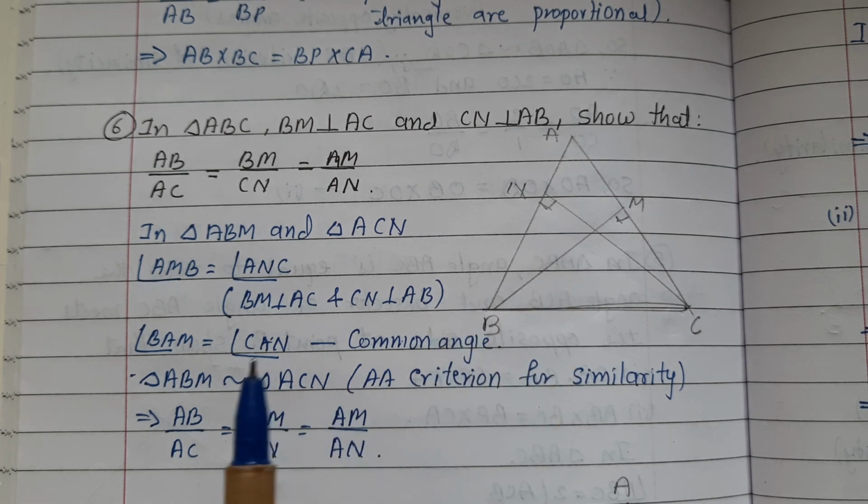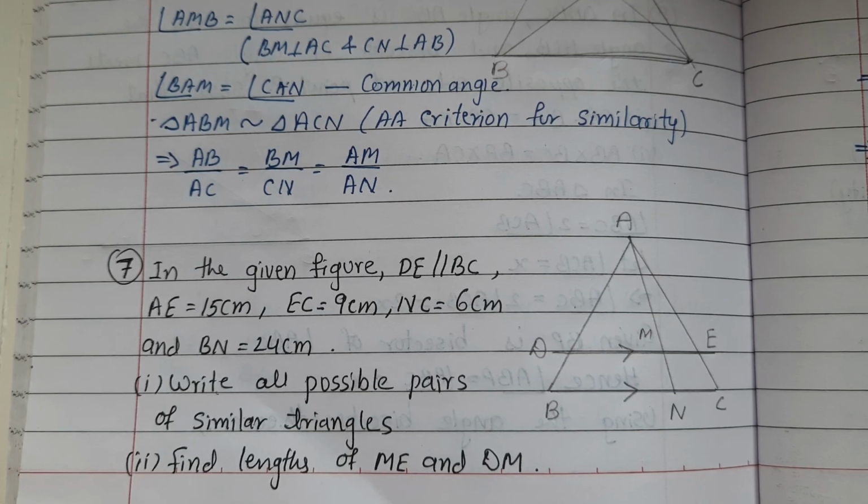Therefore, triangle ABM is similar to triangle ACN by AA criterion of similarity. Triangles are similar, sides are proportional. Therefore, AB upon AC is equal to BM upon CN is equal to AM upon AN. Hence proved.